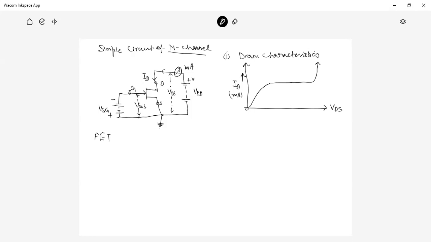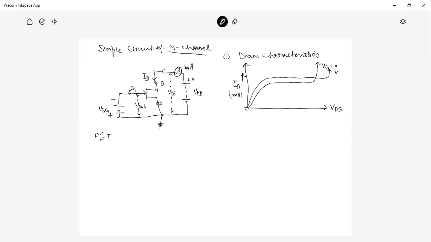If the gate is 0, we can call VG is 0. If VG is positive, then it will increase the current.